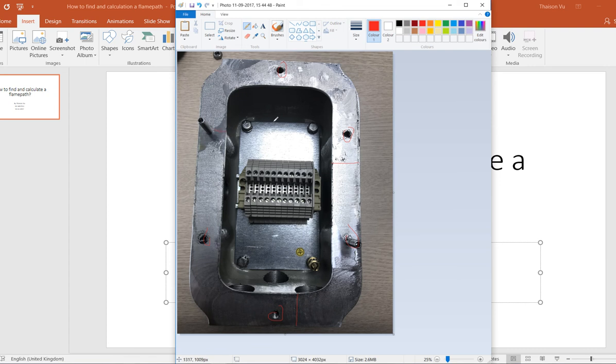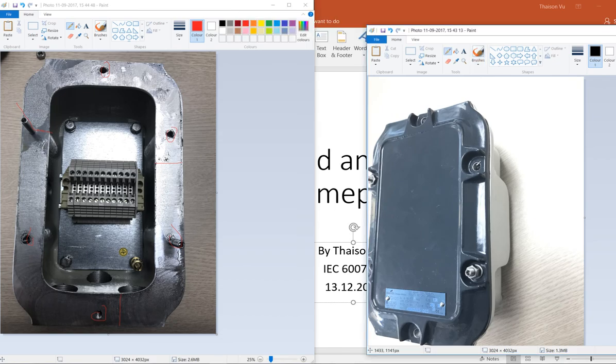In case of internal explosion, the energy will escape here and go out to the hole. It comes out here and then goes through the bolts.